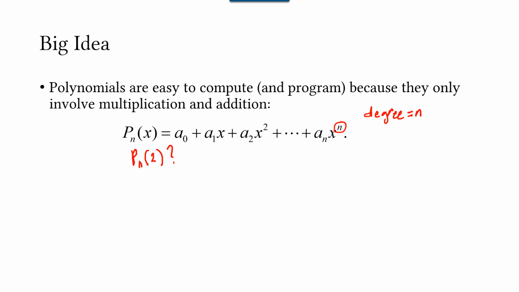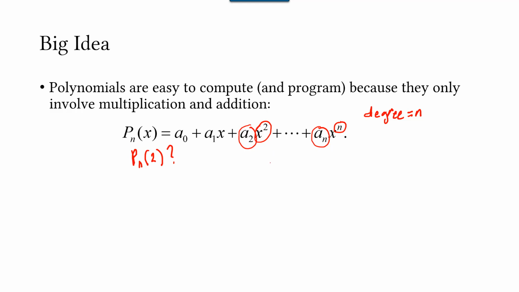I would need to calculate 2 to the n, that's just repeated multiplication, 2 times 2 times 2, multiply by the coefficient a sub n, which is here. Do the same thing all the way down to 2 squared times whatever this coefficient is, a_2, and then I add up all the results.